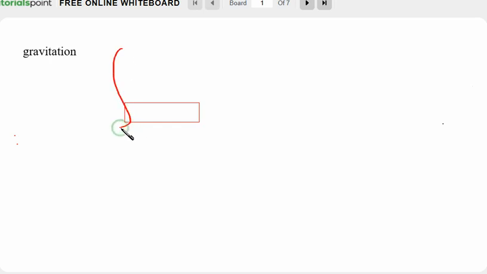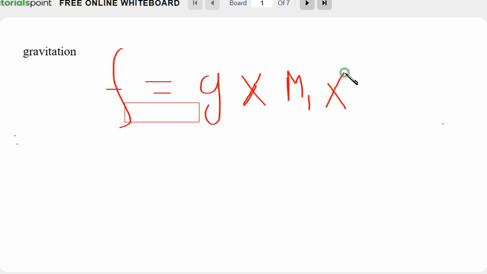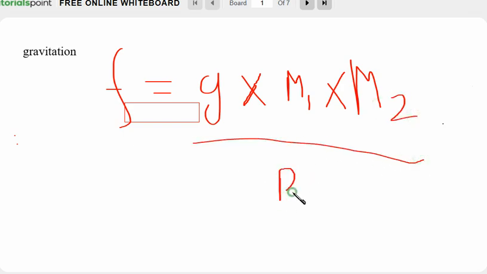Force equals the gravitation force or universal gravitation constant into the mass of the first object into the mass of the second object divided by radius squared, which was stated by Sir Isaac Newton in the year 1665 by discovering his gravitation force.